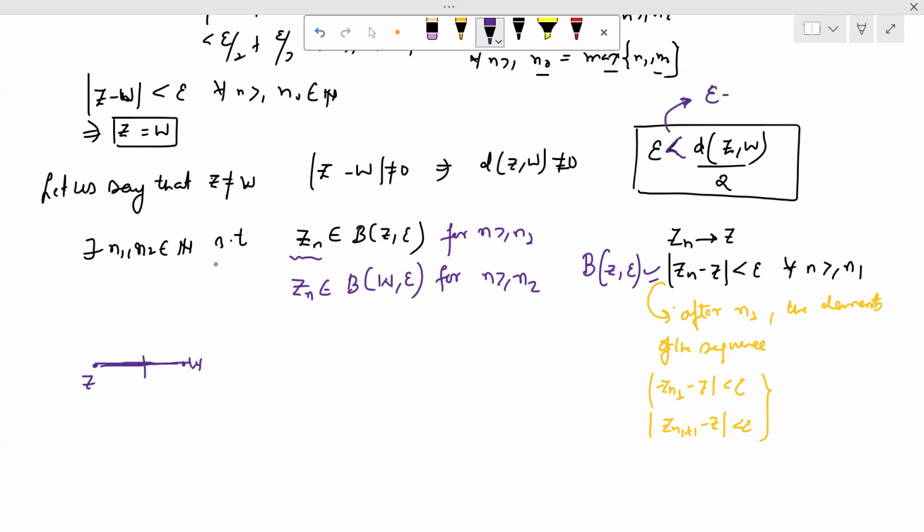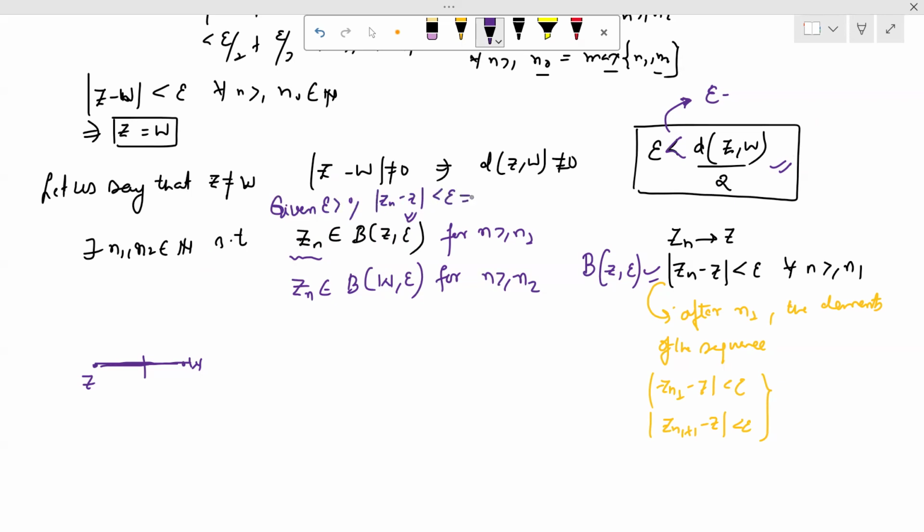So remember, if I'm saying that Zn converges towards Z, then Zn must be contained in a neighborhood of Z, and it should hold irrespective of any epsilon. So I can select any epsilon, because if the limit exists, then given epsilon greater than 0, |Zn minus Z| can be made less than epsilon.